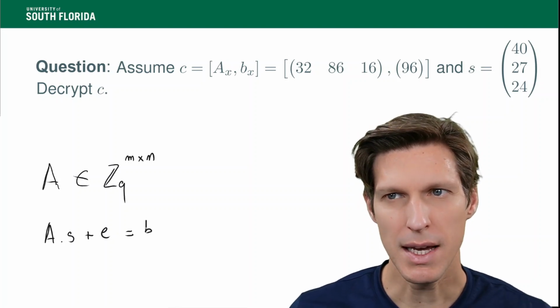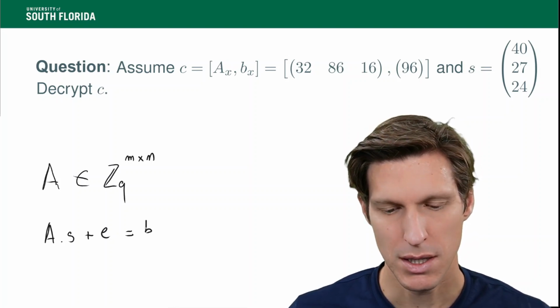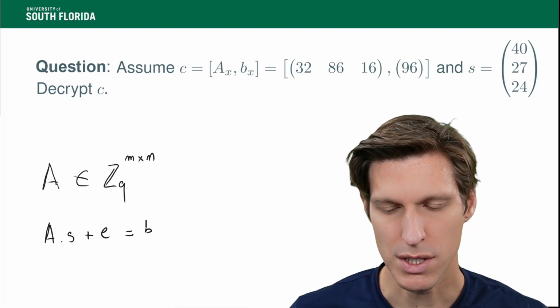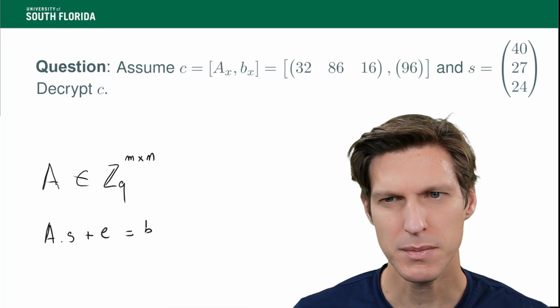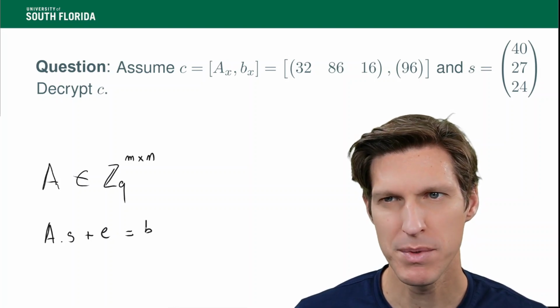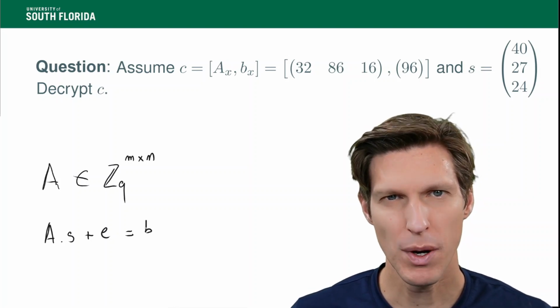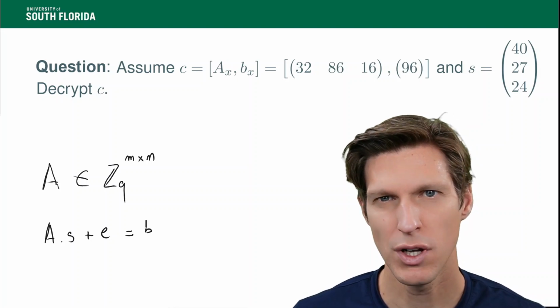But this A_x and B_x, once you're given the public key, which is made of A and B, if you want to encrypt a message, you do not have the secret key.